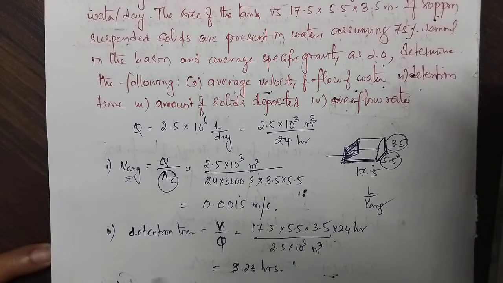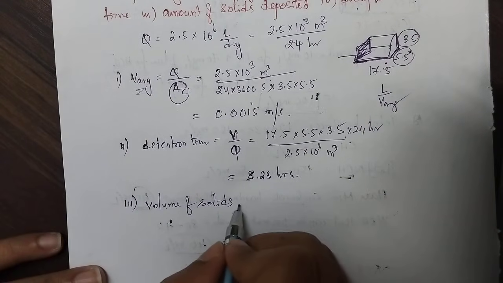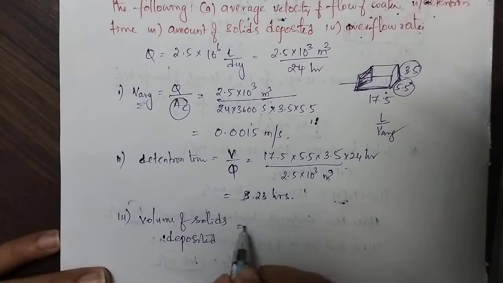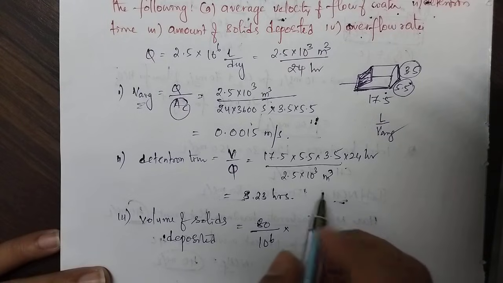So to calculate volume of solids deposited, it should be nothing but concentration 80 ppm, parts per million, that is 80 by 10 power 6, into the flow rate.